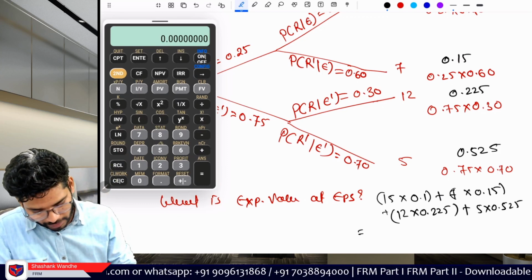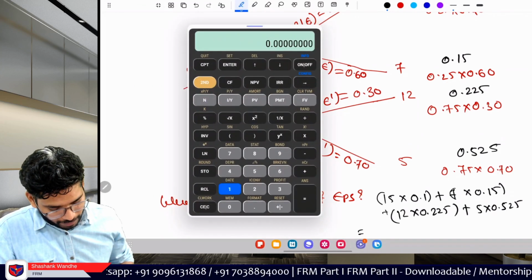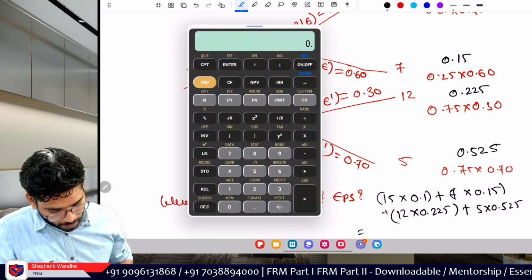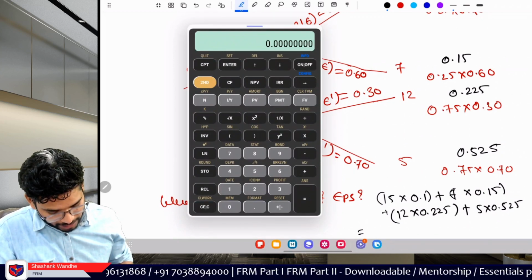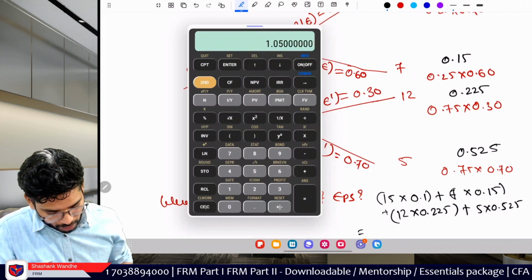And simply solve this and you will get the answer. So this will be our expected value. So 15 multiplied by 0.1, store it in 1, then 7 multiplied by 0.15, store it in 2.